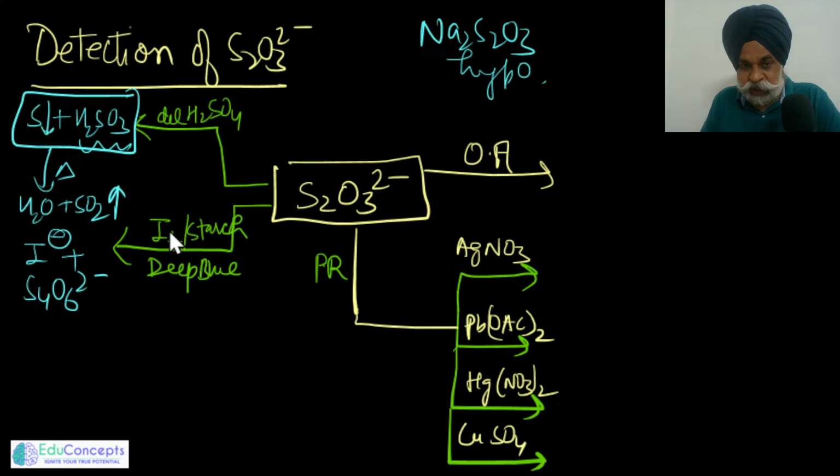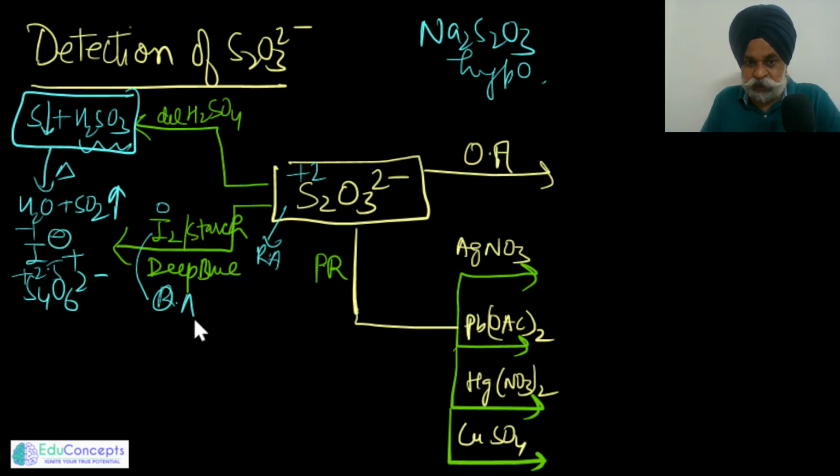Iodine in starch has an intense blue color, and that intense blue color disappears because it gets converted into iodide, which is colorless. So iodine goes from 0 to -1, and sulfur goes from +2 to +2.5. So in this reaction, this particular species is acting as a reducing agent, and iodine is acting as an oxidizing agent.